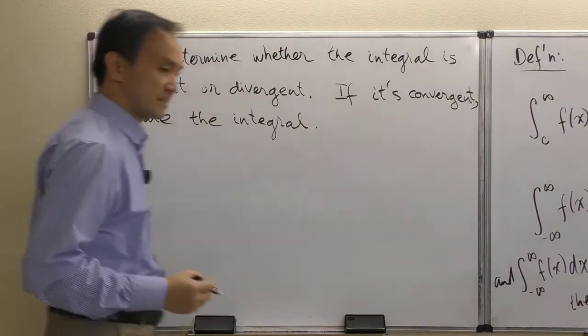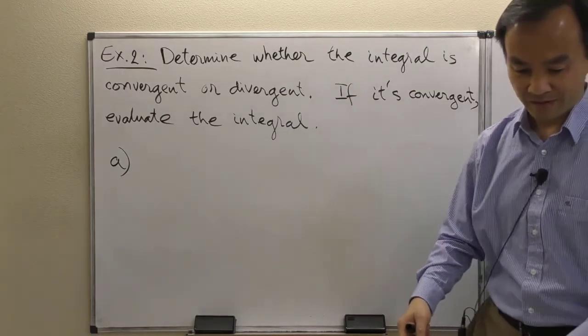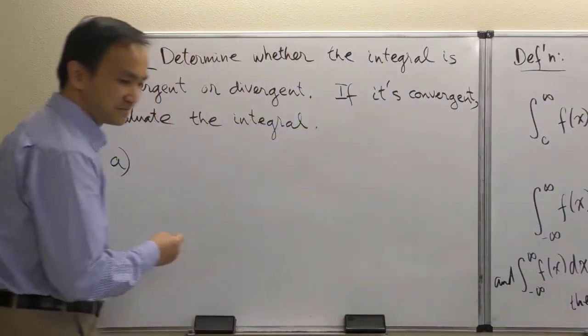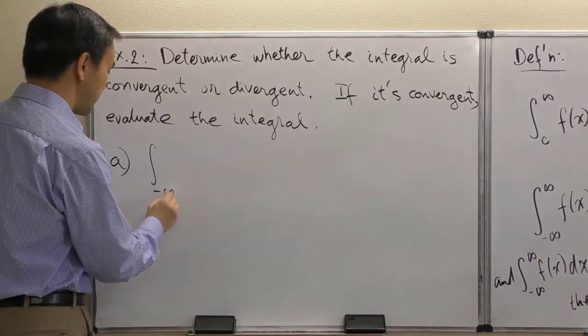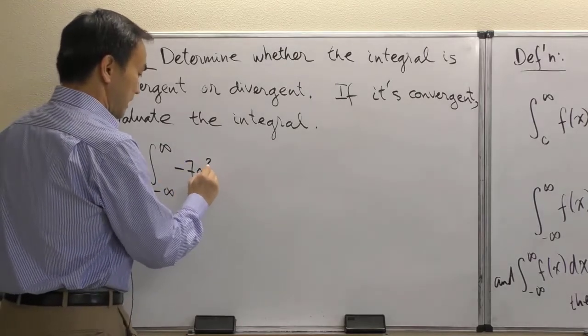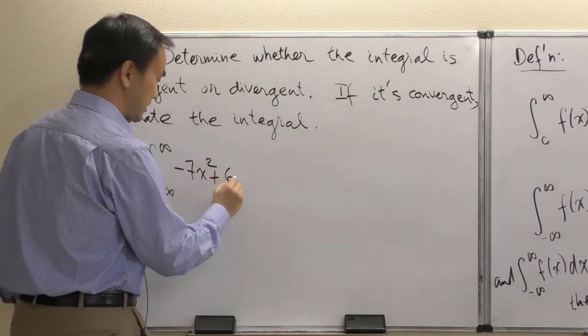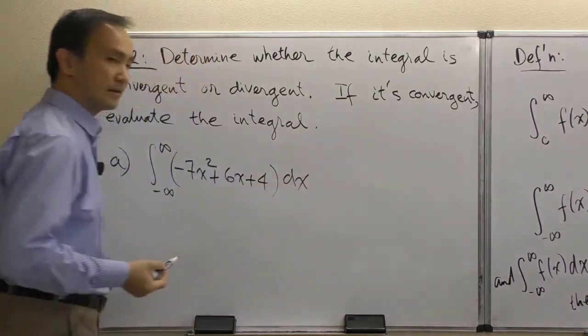So part A of the example here. Let's look at the integral from minus infinity to positive infinity on the function minus 7x squared plus 6x plus 4, dx.